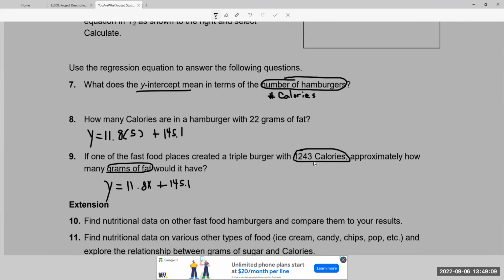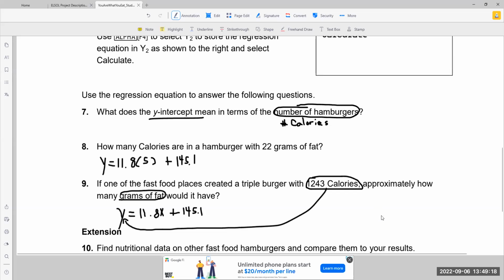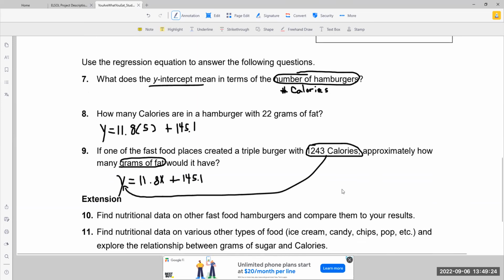You just have to know that you plug this in to the right place and then solve for x. Okay, so I've got 1243.